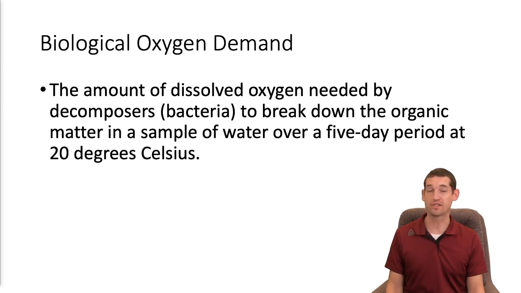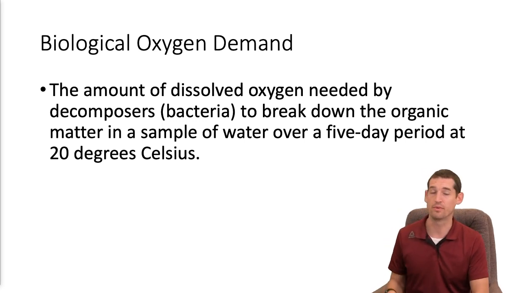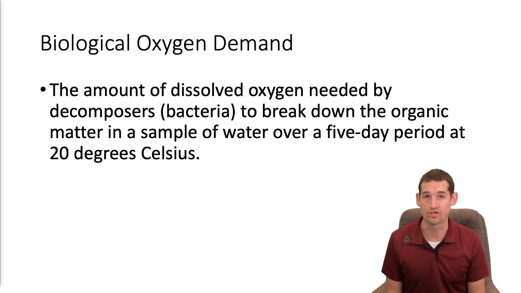So that's some of the impacts and the changes that can happen to aquatic ecosystems. Remember, we looked just at lakes, but this could also apply on a larger scale to oceans or on an even smaller scale to streams. Very similar processes happen in all of those cases with aquatic ecosystems.